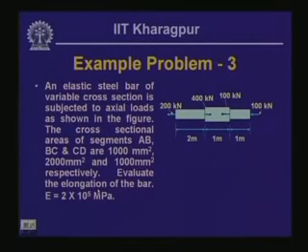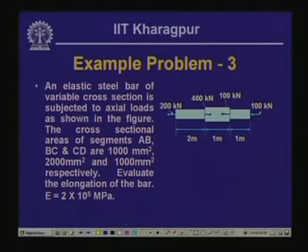Let us look into another example problem, and this is interesting because here we have an elastic bar, the bar is within the elastic limit, and in this we have variable cross section. The bar cross section is not uniform as in the previous case.